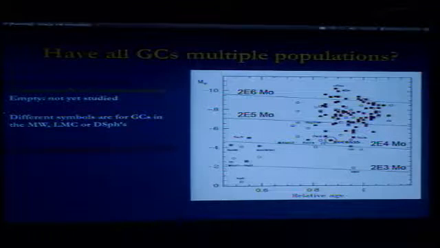Pal 5 is the cluster with the tidal tail that I showed yesterday. NGC 6535 has a very peculiar luminosity function, and is also very likely to be a cluster with a loss of mass. So the cut probably is something here, at about 10 to the 5 solar masses.